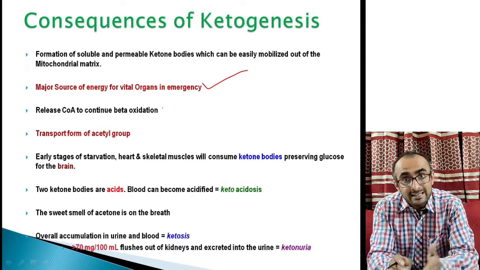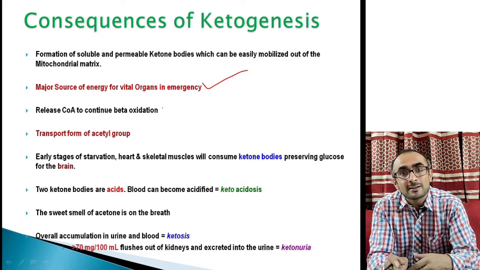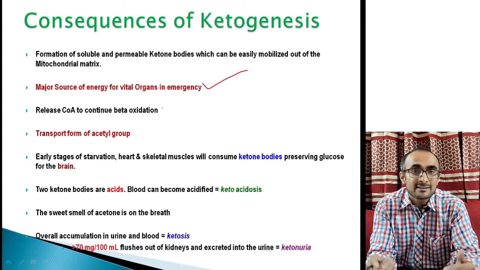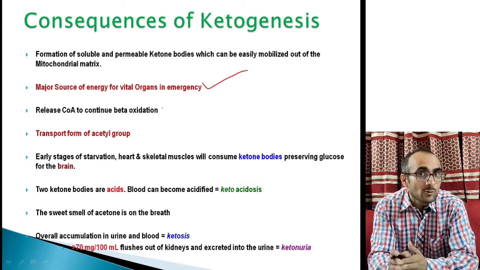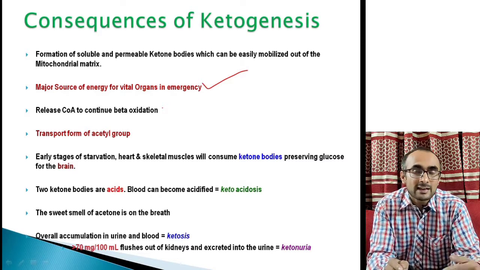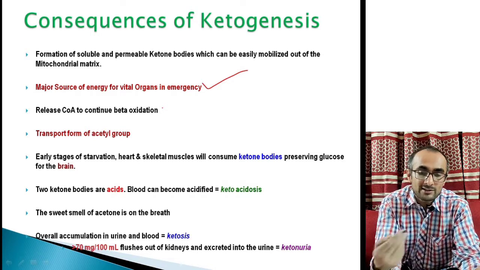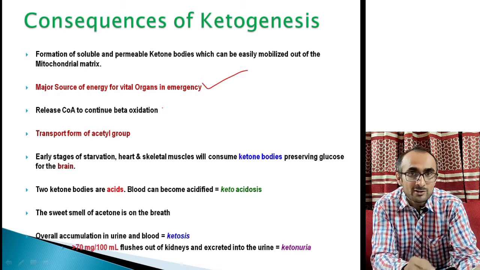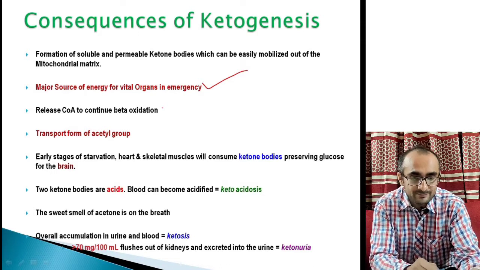So in order to release coenzyme A from acetyl coenzyme A, ketone body formation is promoted, because when a ketone body is formed, there is a condensation of acetyl coenzyme A molecules, and they release some of the coenzyme A which can be used for further reactions of oxidation of fatty acids. So beta oxidation can only continue if coenzyme A is available. That's why ketone body formation also releases coenzyme A which can be used in further reactions.